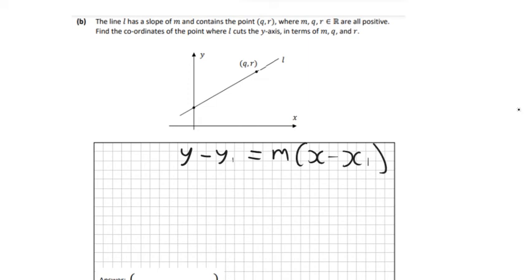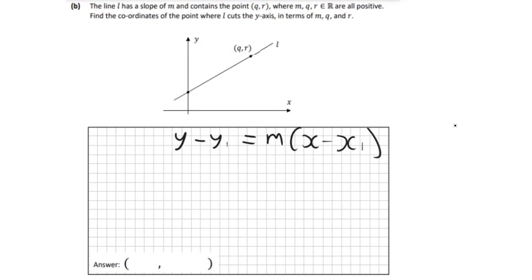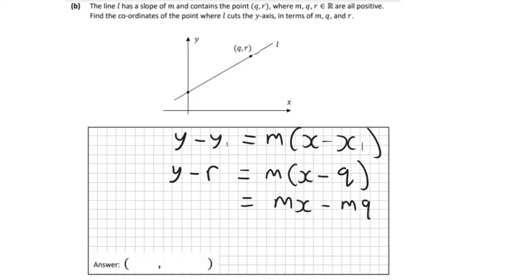So we can give our answer in terms of m, q, and r. So we don't need to worry if there's m's and q's and r's in the equation. So y minus y1 would be r, because that's the point that's on the line. m times x minus x1, which would be q. If you multiply out the brackets there, you get mx minus mq, y minus r.